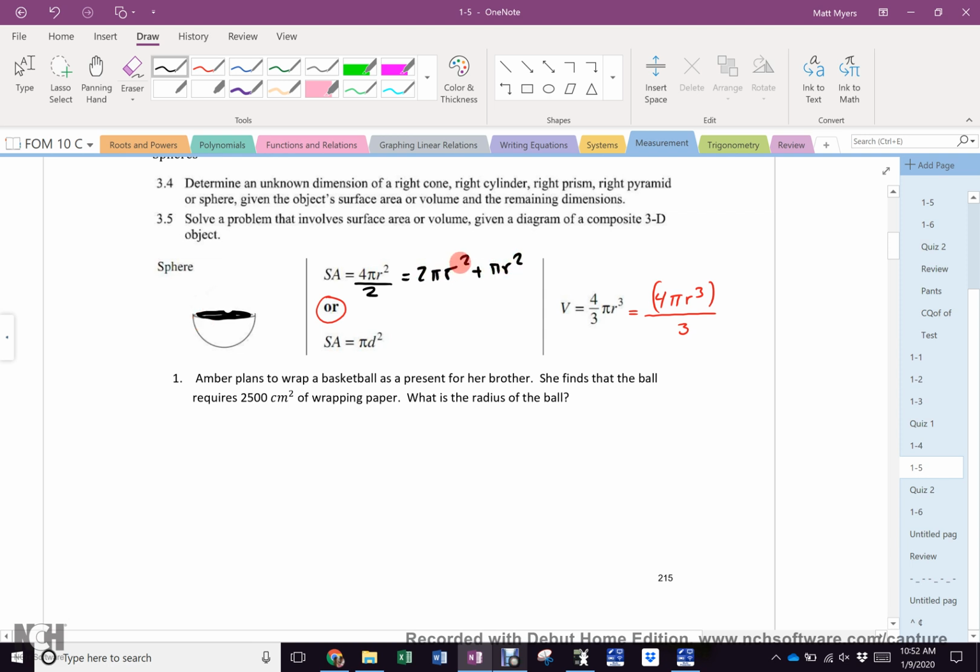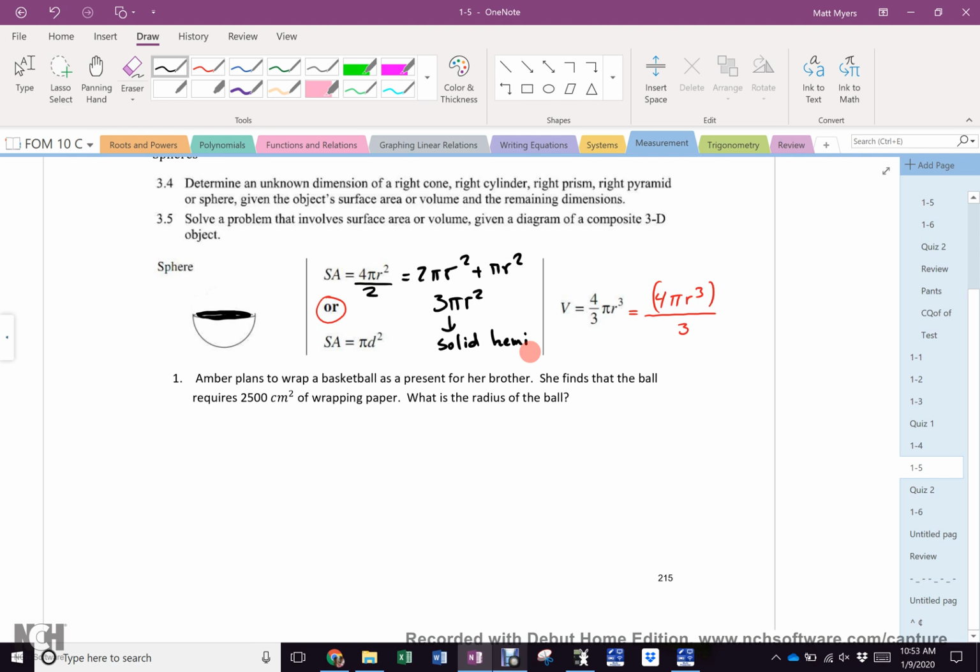What's 2 pi r squareds plus 1 more pi r squared? 3 pi r squared is the surface area of a solid hemisphere. Everybody cool? Now, what if it's a hollow one? Like a bowl. What would the surface area of a bowl be?